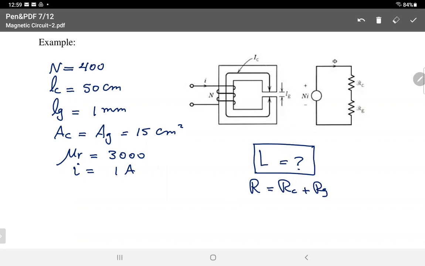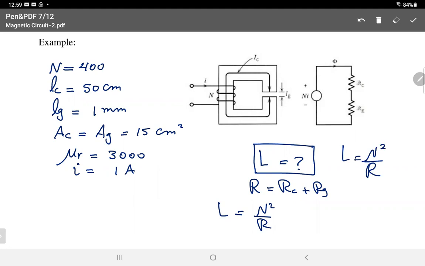Then you can find phi, or you can find L by N squared over the total reluctance. So go ahead, get the paper, put your name on it, and get me the inductance. You already know the formula: L is equal to N squared over total reluctance.